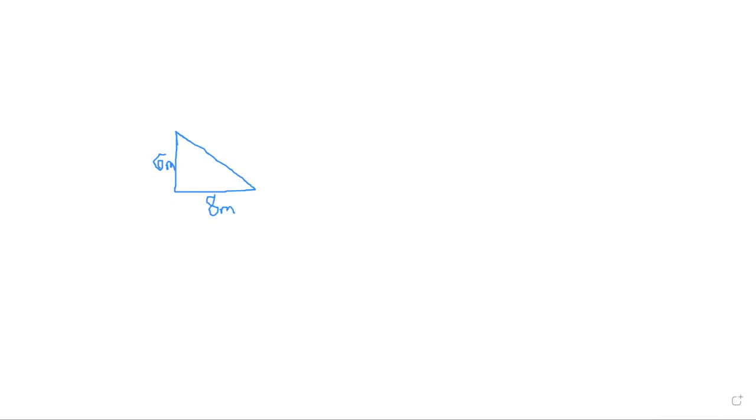So again, what's our formula? Area equals 1/2 base times height. So that's going to be 1/2 times, and sometimes you can do times with a dot like this.